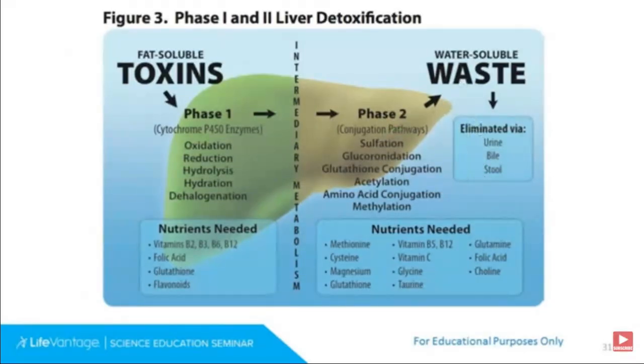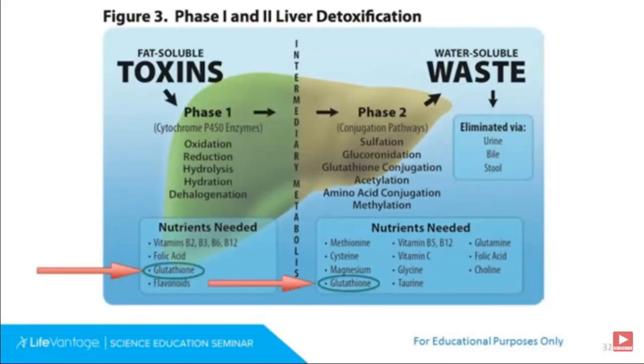Well, the one most important molecule involved with both Phase 1 and Phase 2 is glutathione. So these people who are highly toxic tend to have very low glutathione levels. And what ends up happening is they can probably get through Phase 1 detoxification okay, but they build up these toxic intermediate molecules that they can never get rid of in Phase 2.